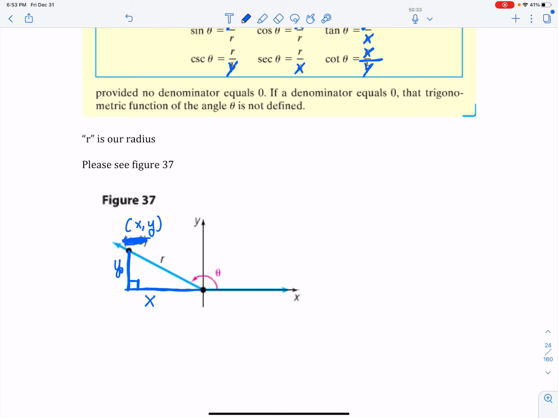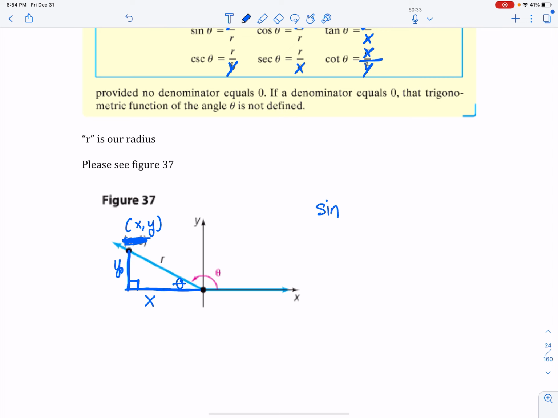Now, theta of this triangle is always going to be the angle that is formed with the x-axis and the terminal side. Okay, so we can redraw it like that, and we can see why sine is y over r, because y is the opposite side from theta, and r is the hypotenuse.